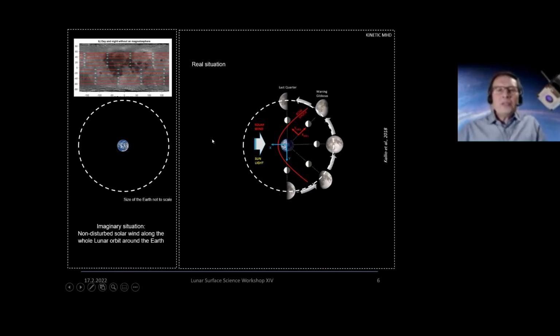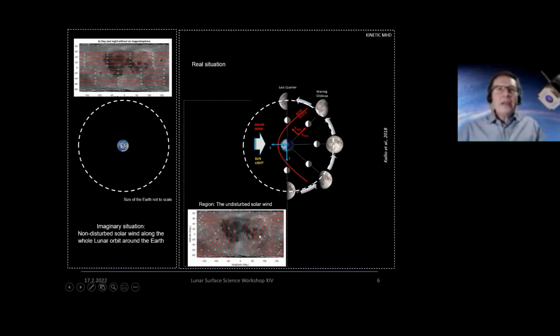But here we see a more real situation. Now we also have the magnetosphere and the bow shock. In this plot, we see the particle flux collected along the orbit where the moon was in the undisturbed solar wind. There, the maximum is on the far side.